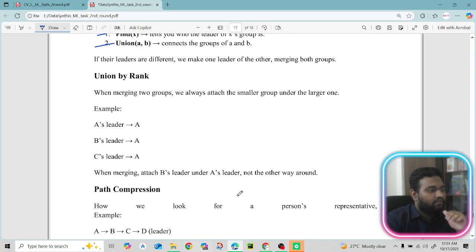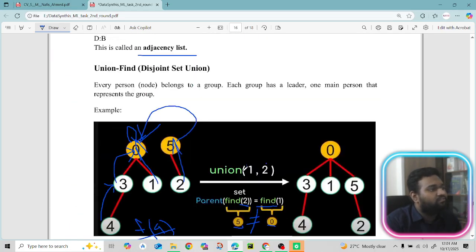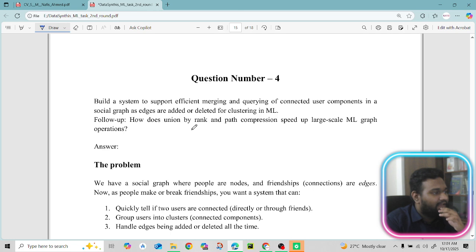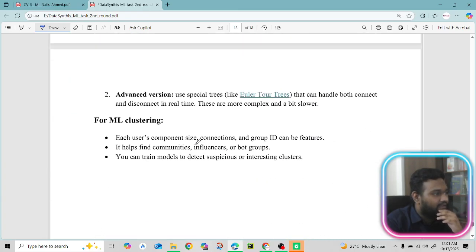So using union by rank and path compression together, it is going to give me a very efficient output. And lastly, as I have already said, rank and path compression speed up large scale ML graph operations.